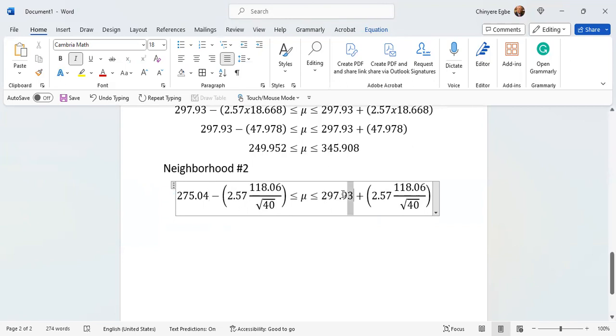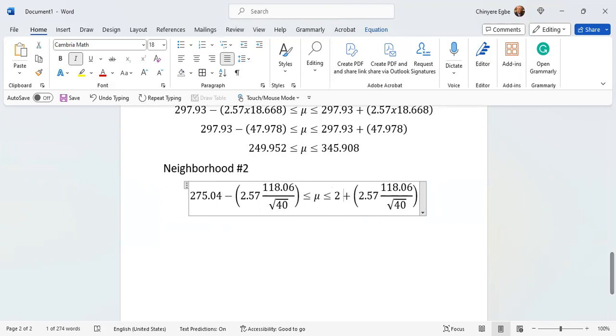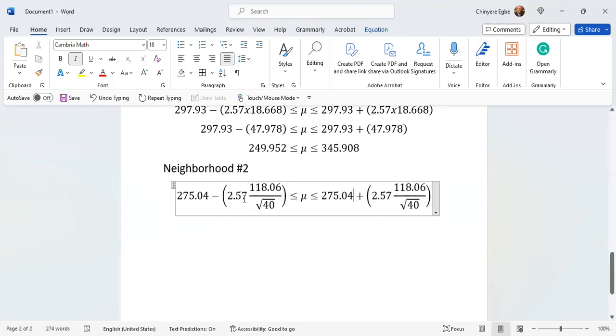And here we have 275.04. We're using the same 99% confidence interval, so 2.57 will not change, but what we have here will change to 66.36, and the sample size is 49.